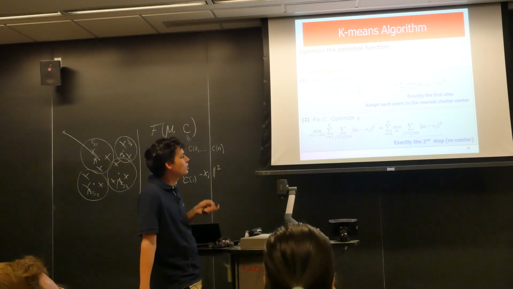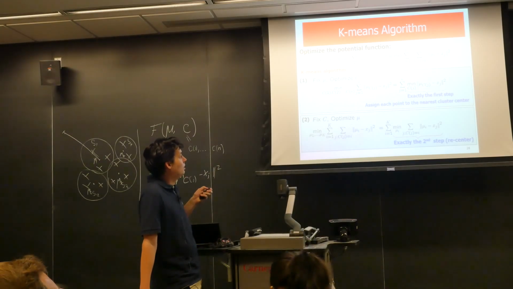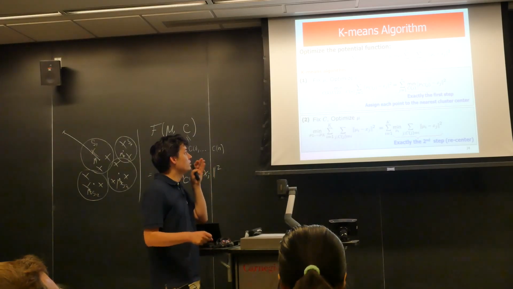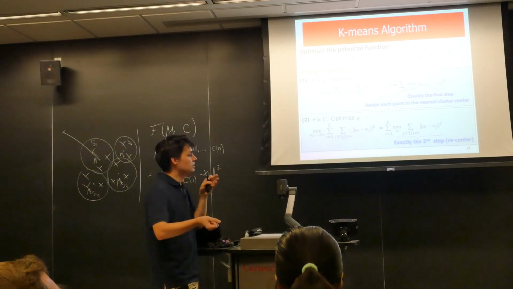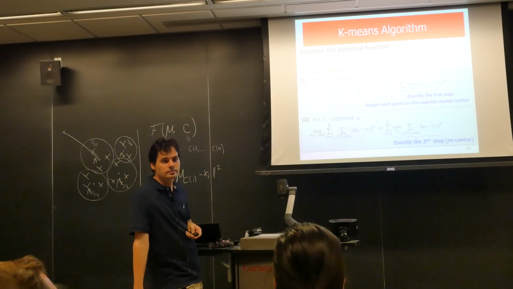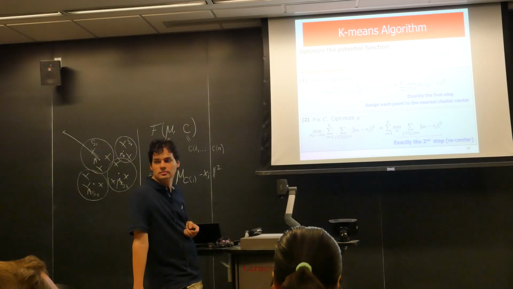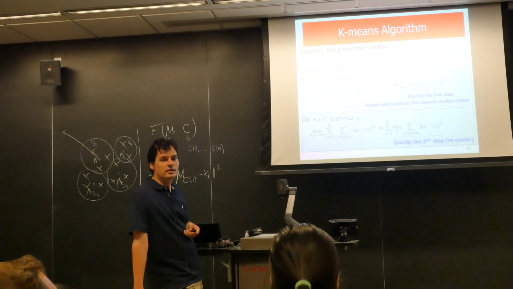Okay, so this is just formally that with the k-means algorithm, you minimize this potential function in such a way that you fix mu, you optimize over C, you fix C, you optimize over mu. Any questions? So we are all good for now, right?